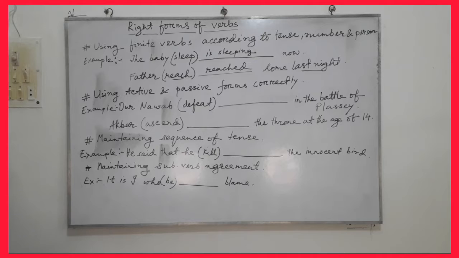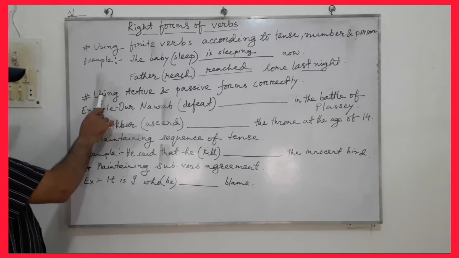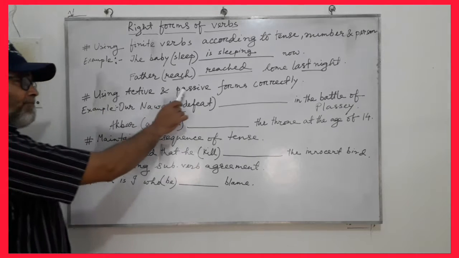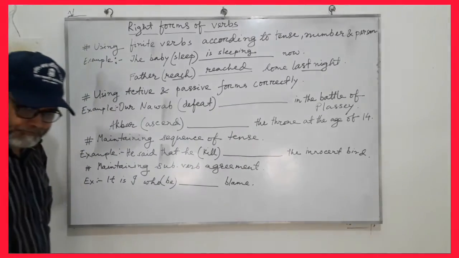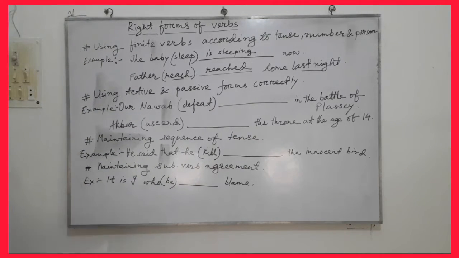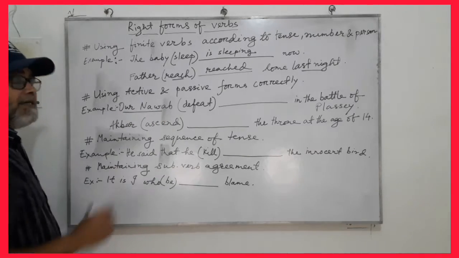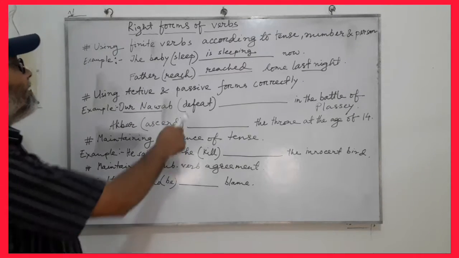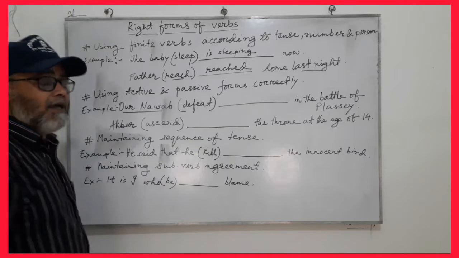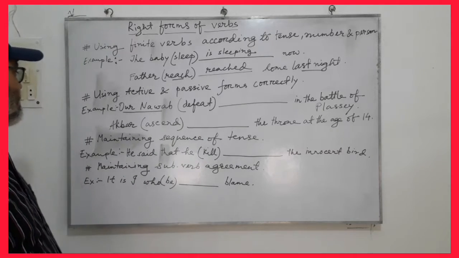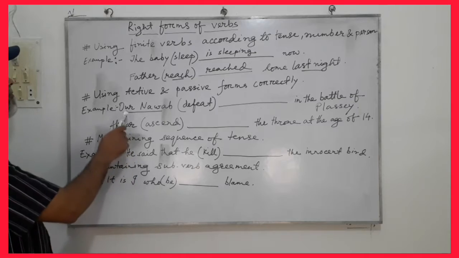Secondly, you have to use active and passive forms correctly. You know, when the subject is inactive or passive, then the verb is used in passive form. Look at the first example.